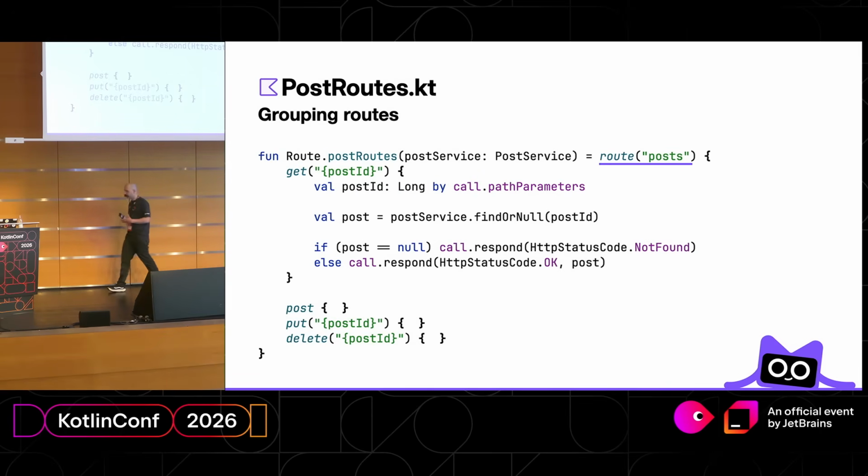So how do we group our routes? Well, whether you're working with package by feature or package by technical layer, we are typically already grouping by URL. And of course, here we do the same, and we can create a route block that allows us to omit the posts prefix from every route handler. Right, so every route handler we define here actually has the posts URL then whatever we have in the route handler.